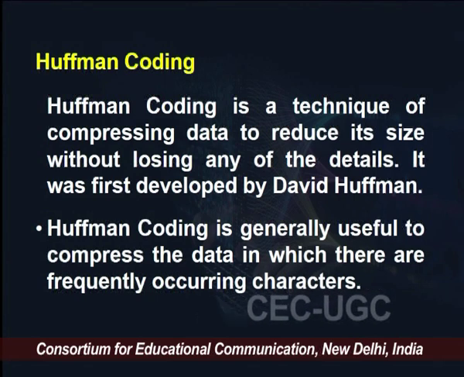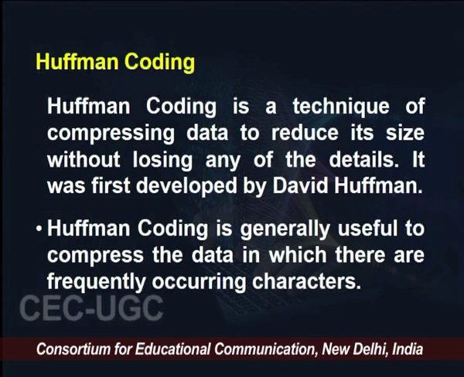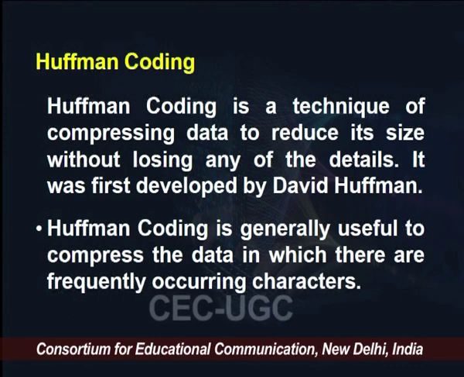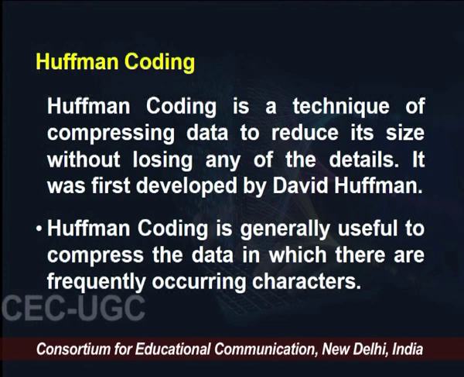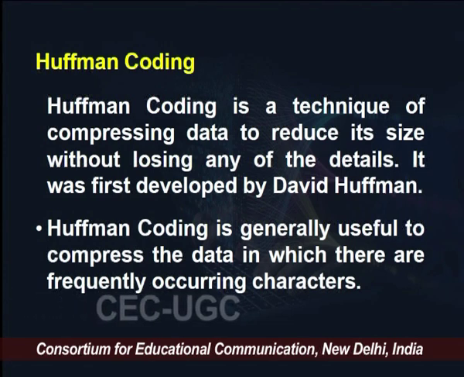Huffman coding is a technique of compressing data to reduce its size without losing any of the details, and it was first developed by David Huffman. That is why the name Huffman coding. It is generally useful to compress data in which there are frequently occurring characters.